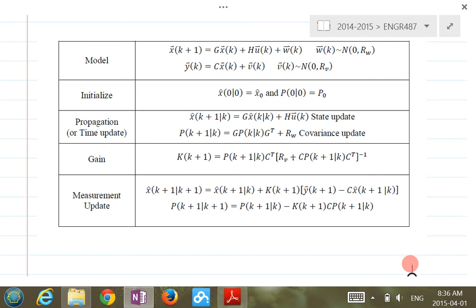If you look at the table here, let's quickly go through the idea of this implementation. As I said, the derivation seems a little bit daunting, but the implementation is only going to be maximum 5 lines of code if you do it in MATLAB.